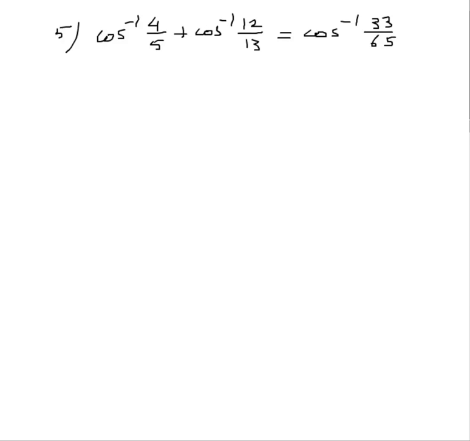Question 5. Prove that cos inverse of 4 by 5 plus cos inverse of 12 by 13 is equal to cos inverse of 33 by 65. Two methods are there. We can use the substitution method or change it into tan inverse using the triangle method.